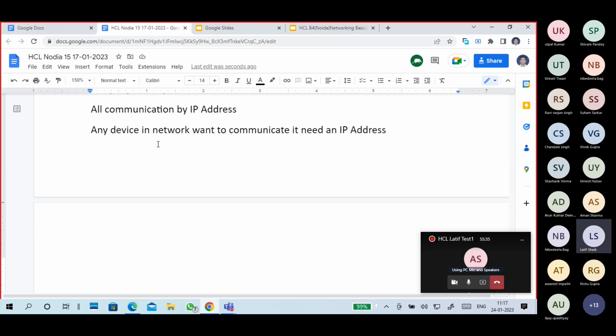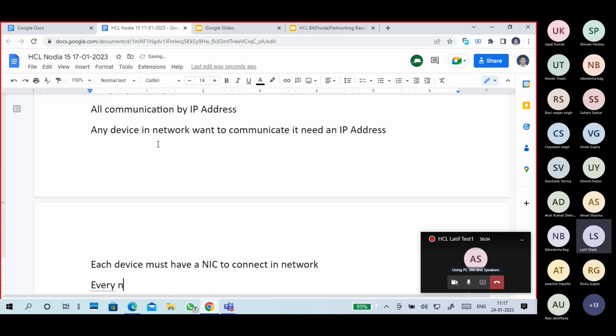A lot of people think each computer has an IP address. No, each computer has an NIC. Each computer must have an NIC to connect. Each device must have at least one NIC to connect in a network. That is the first one.